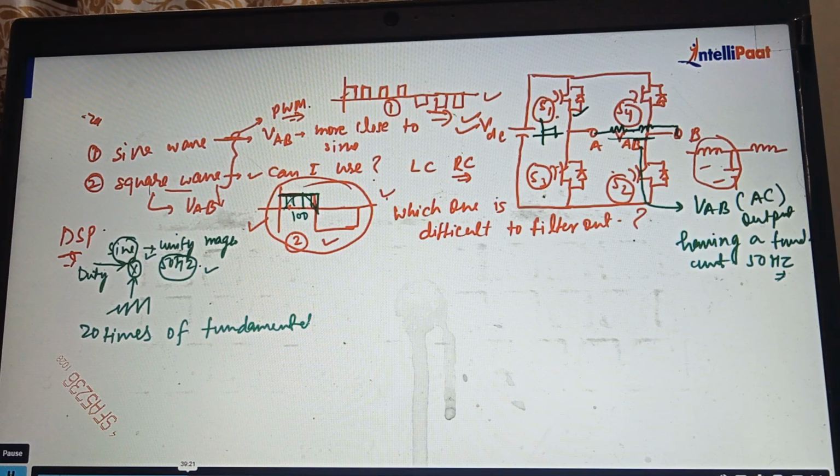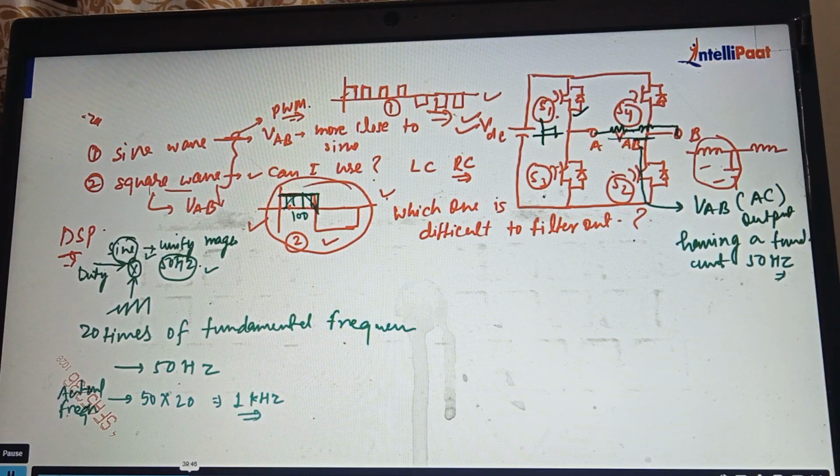What is the fundamental frequency? The reference frequency. Suppose the fundamental frequency is 50 Hertz, what is the actual frequency? 15 to 20 times, so that would be 1 kilohertz. So a minimum of 1 kilohertz we have to choose for this carrier wave.